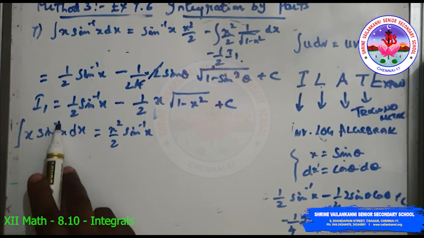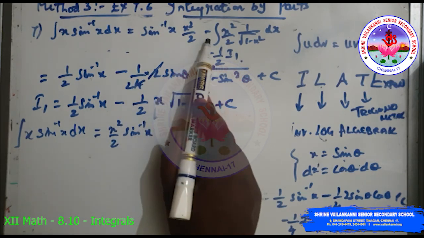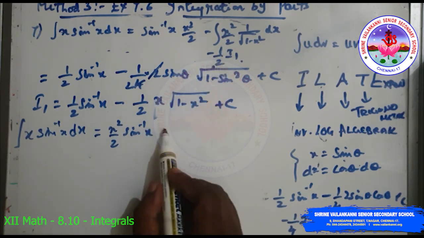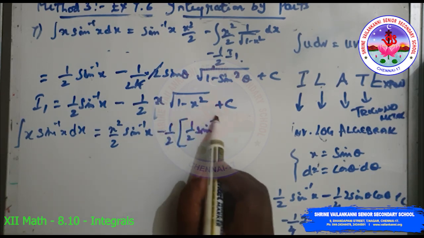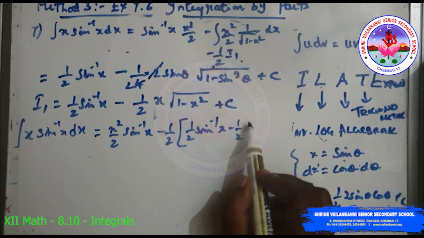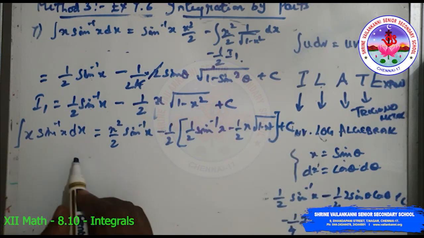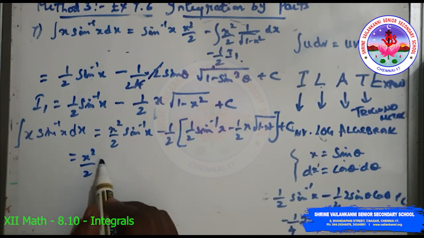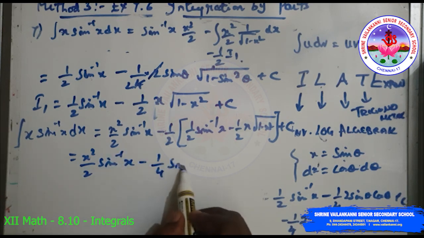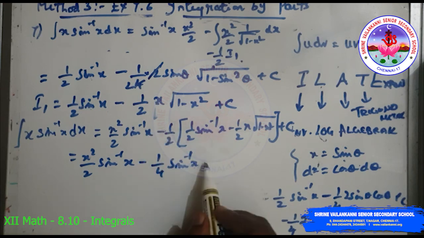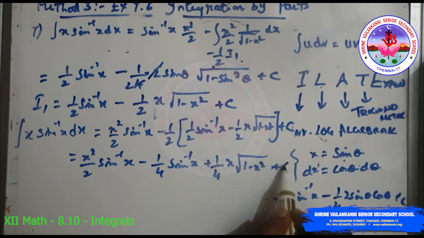So the integral of x into sine inverse of x into dx is equal to x square by 2 sine inverse of x minus half into I1. So minus half, I1 is half sine inverse of x minus half of x into root of 1 minus x square plus c. So this is equal to x square by 2 sine inverse of x minus 1 by 4 sine inverse of x, and minus into minus is plus, so plus 1 by 4 x into root of 1 minus x square plus c.